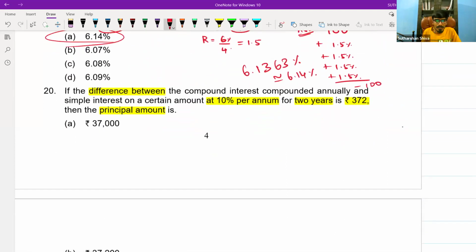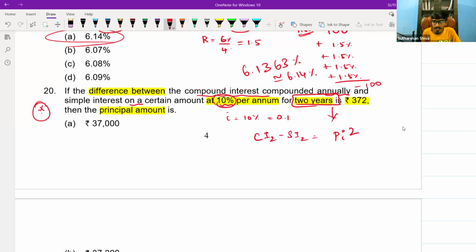Then question number 20, another interesting problem, important for your examination. If the difference between the compound interest compounded annually and the simple interest on a certain sum of money, I is equal to 10%, it is equal to 0.1, for 2 years, they are asking, we have a shortcut: P I square. Difference of compound interest of 2 years and simple interest of 2 years is equal to P I square.